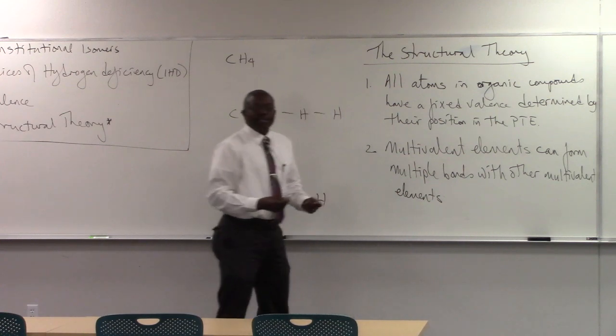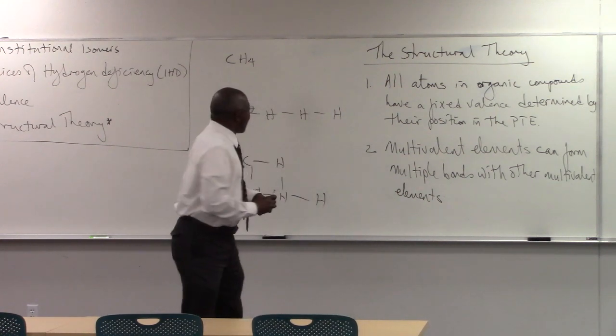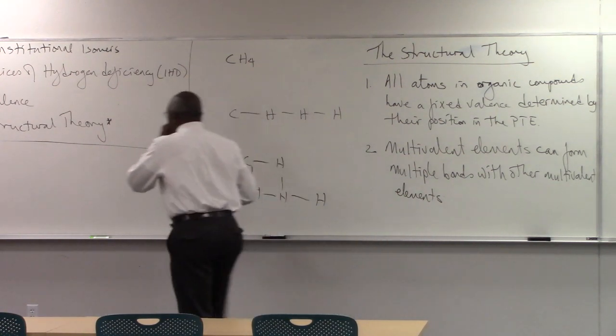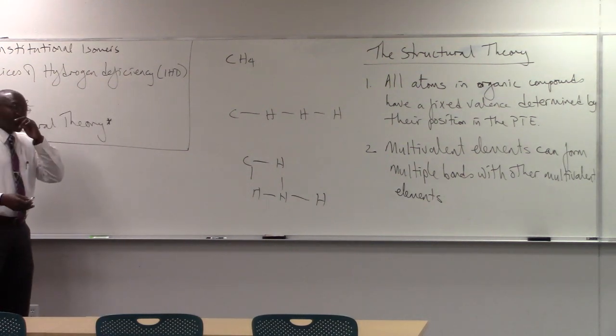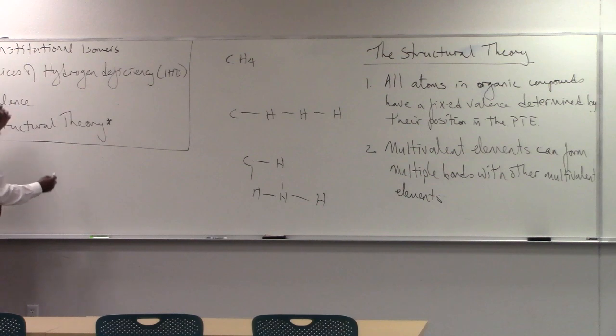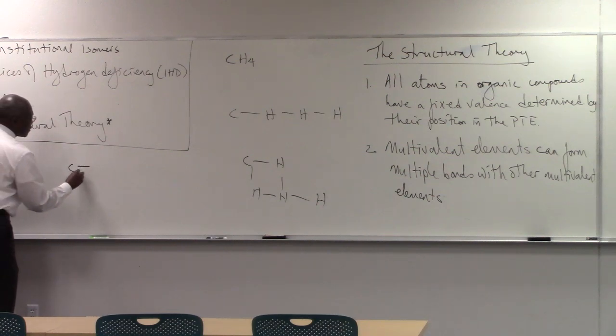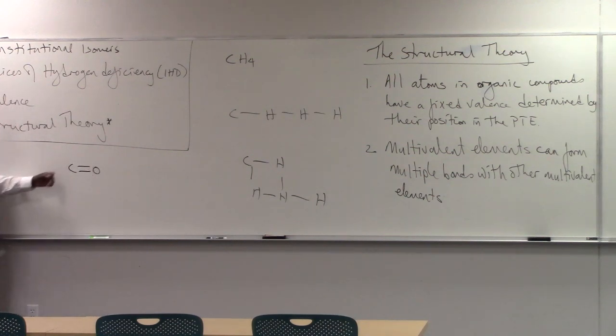And that makes sense. If I have a valence greater than 1, let's say carbon is tetravalent, and carbon is bonding with O. Well, carbon can do this, so it can form a multiple bond to oxygen, or maybe it can do this.